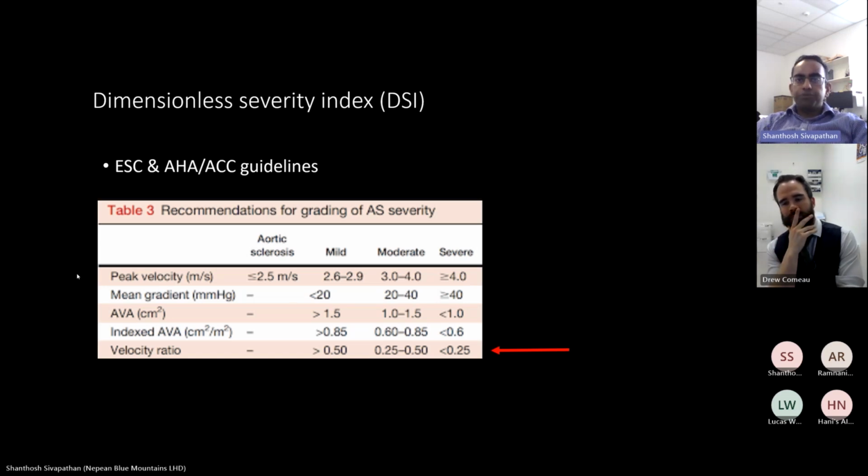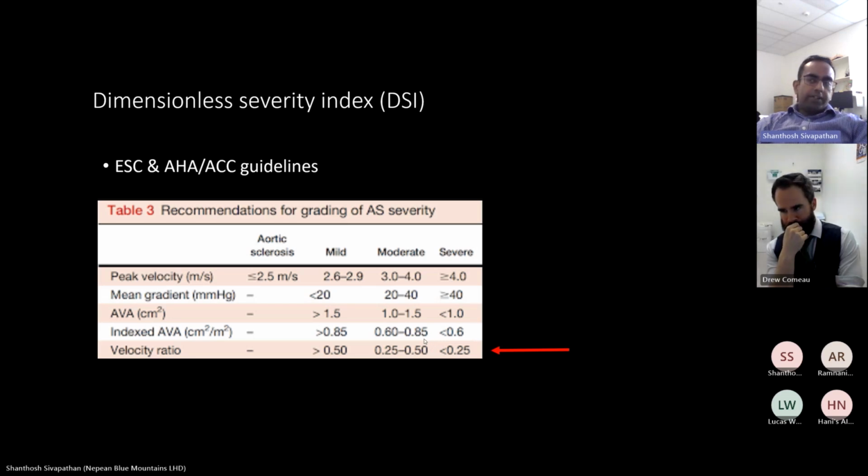Mean gradient of more than 40 is severe. Aortic valve area of less than 1, and a dimensionless index, which they've called velocity ratio in this case, of less than 0.25. These are all parameters to help say that this valve is severe.